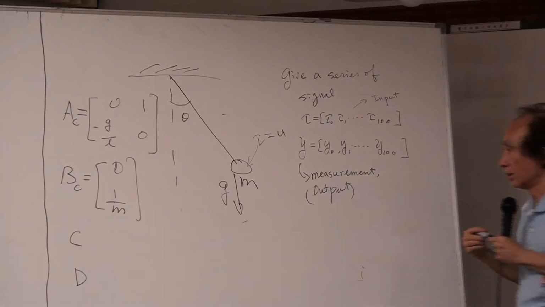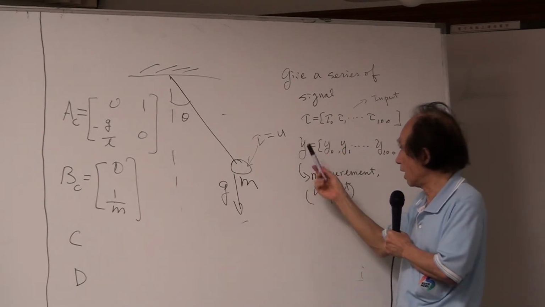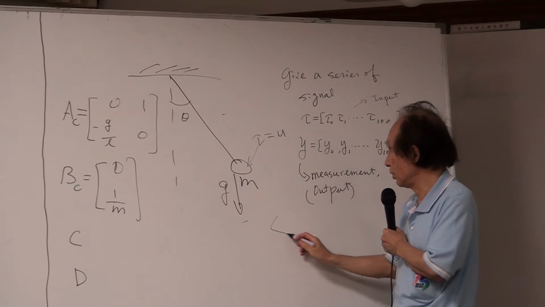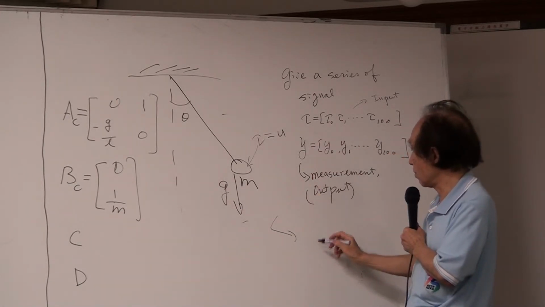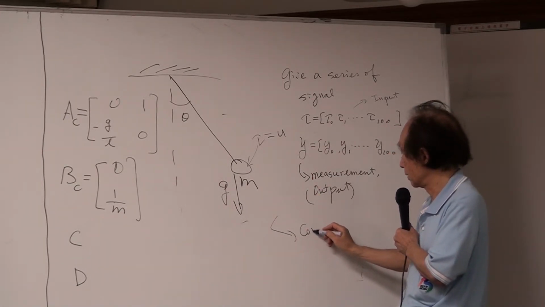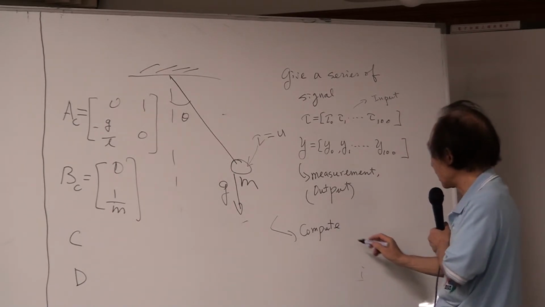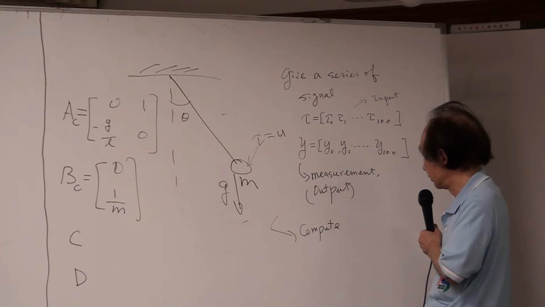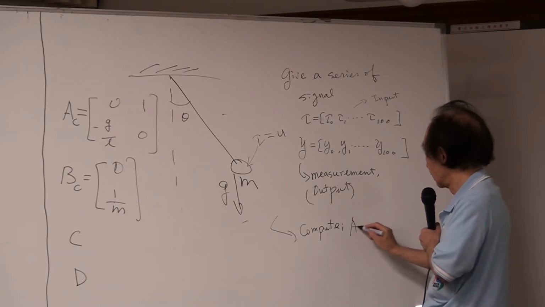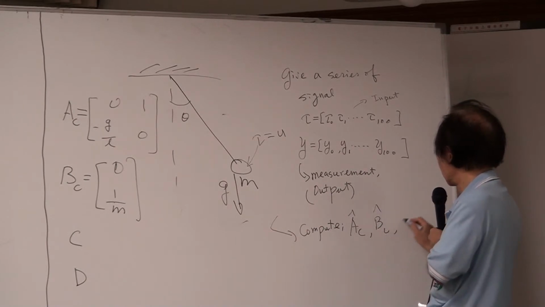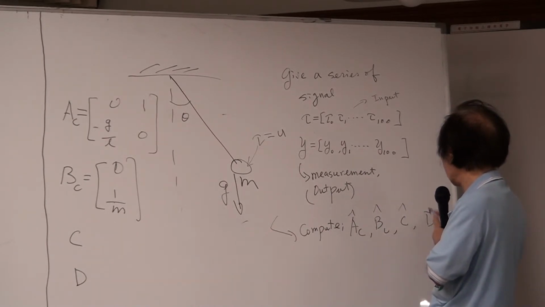So, I have this data tau, I have this y. Now, from this tau and y, I can compute AC hat, BC hat, C hat, and D hat.